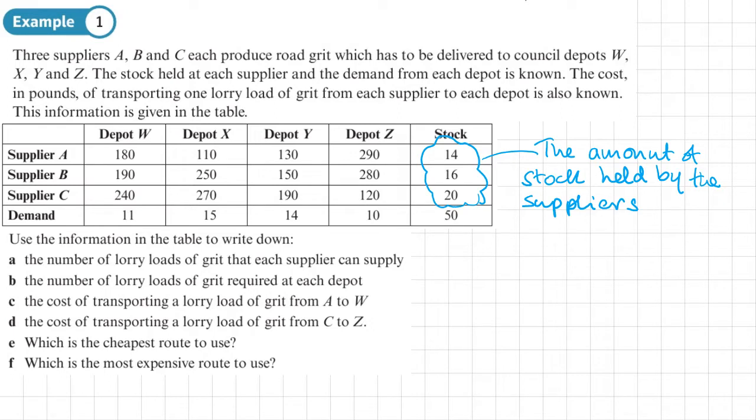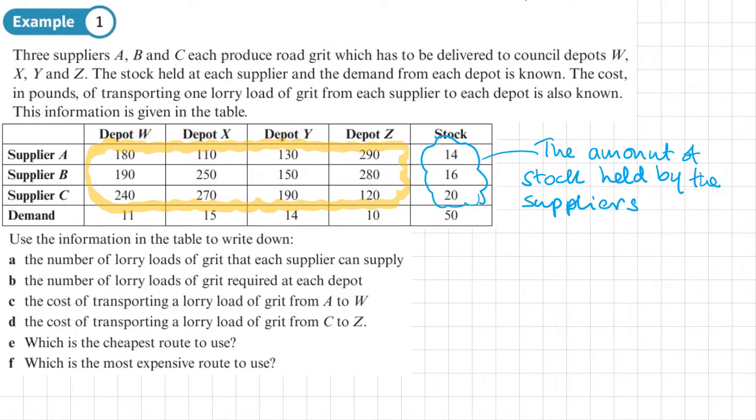So what I'll do is I'm just going to highlight these numbers. So these numbers in the center don't tell us about the amount of stock, but we'll come to that in a moment. And we're told in the question that they need to deliver this grit to these council depots, which are listed here. So our stock needs to go from the suppliers to the depots. Now the numbers at the bottom here represent how much stock each of the depots needs.